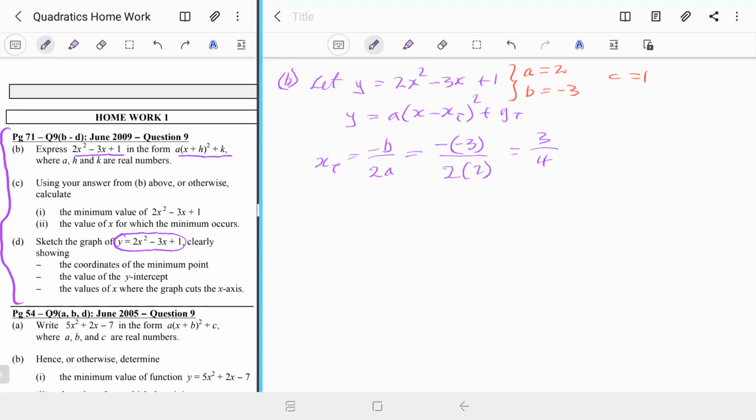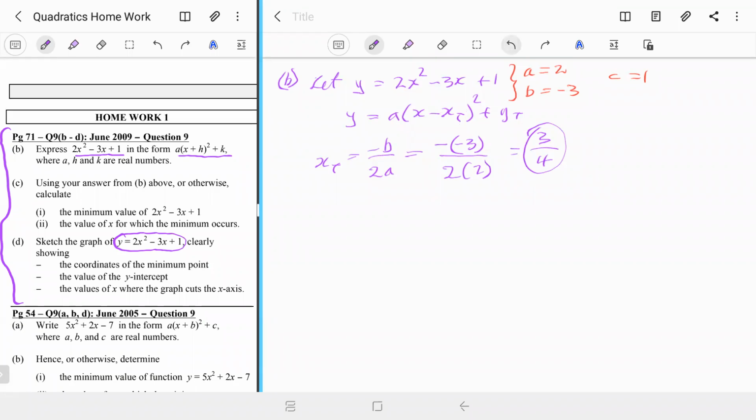It becomes +3 over 4. Notice I'm leaving it as a fraction. Get comfortable with leaving these expressions as fractions. So xt is 3 over 4, and this 3 over 4 is going to come right here. Good and easy.